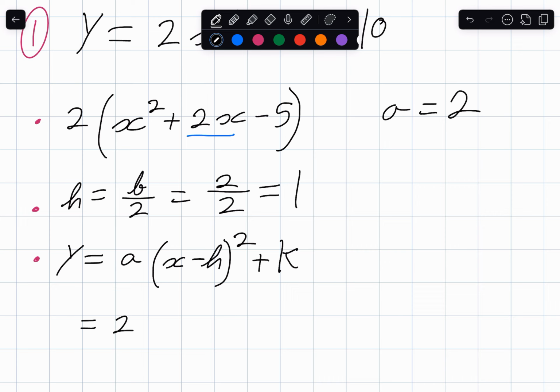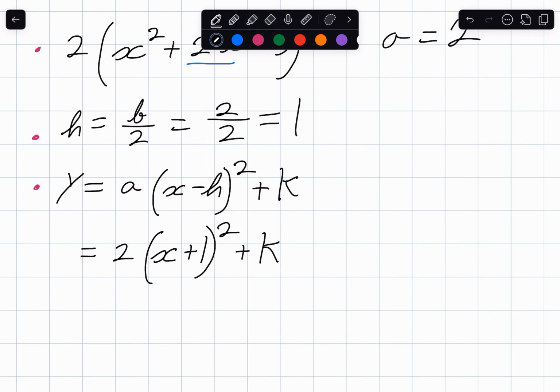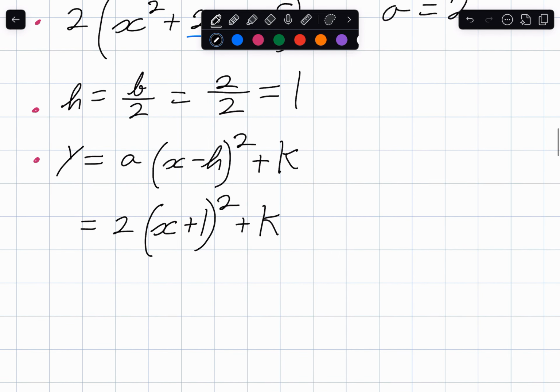Based on everything that we have found so far, our a is 2, our x is just x, and our h is 1, so it's going to be plus 1. Don't forget to square it, and then plus k. So that's the rule that we have found so far. This is how the vertex form looks like.